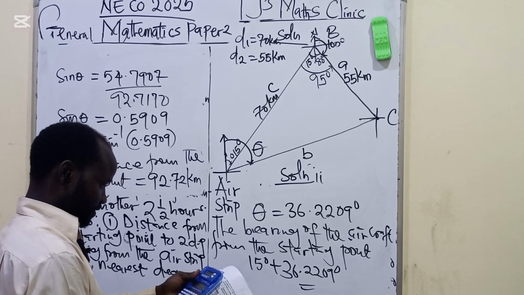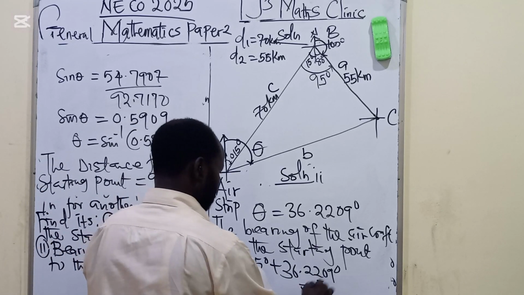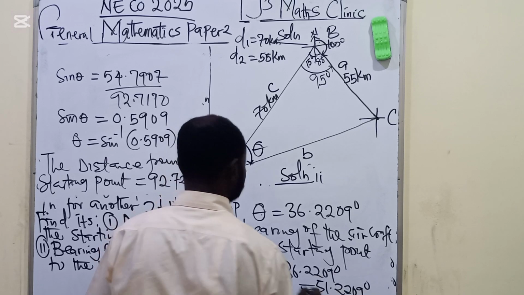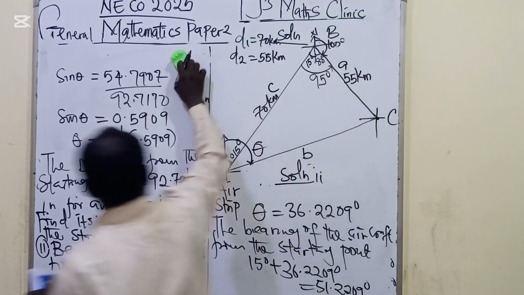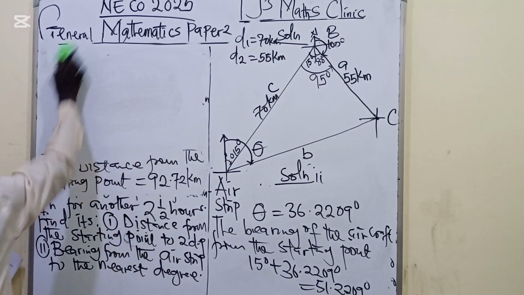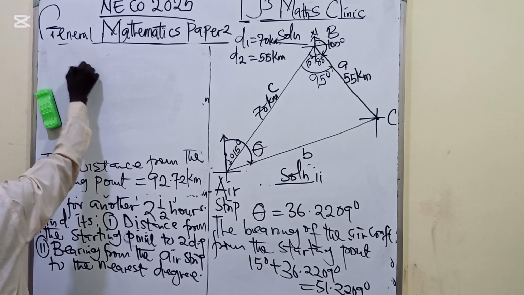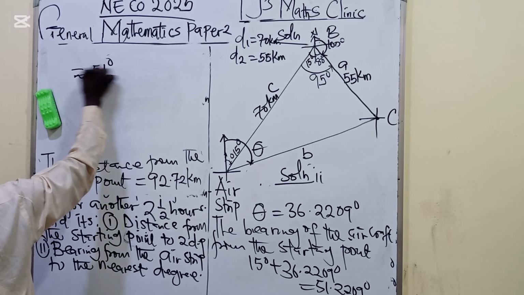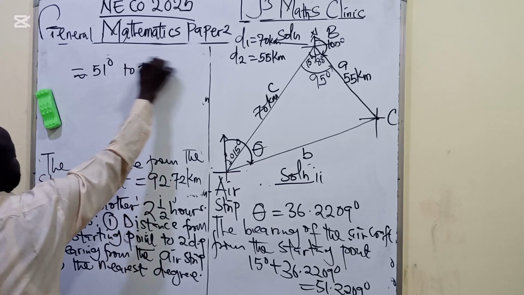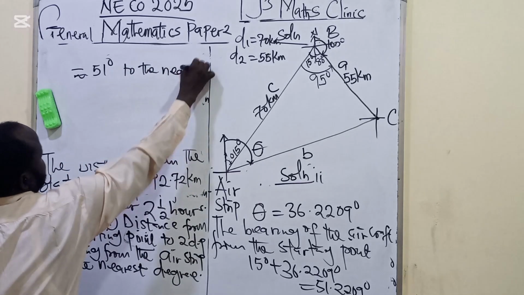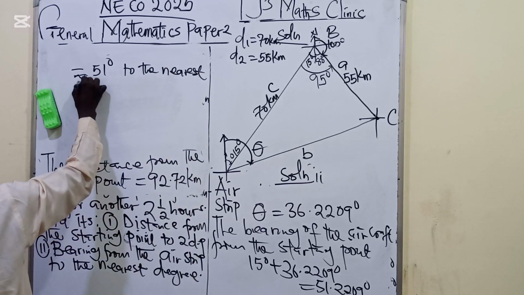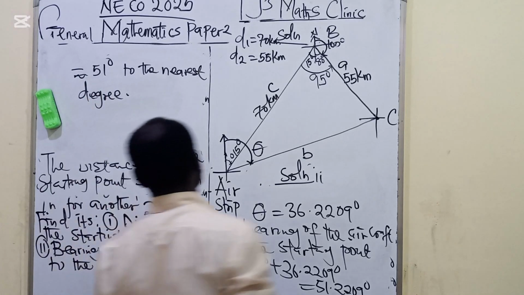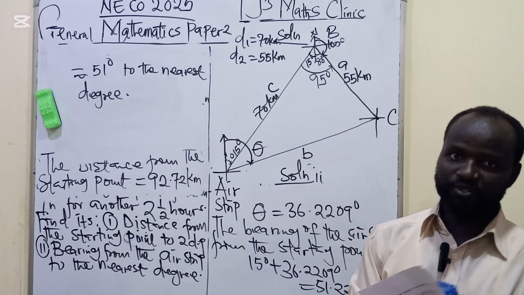We have 51.2209 degree. Finally, to the nearest degree now, the bearing will be 51 degree. So the bearing is 51 degree to the nearest degree. That's the solution of 51 degrees. So this is said to be the solution to this question.